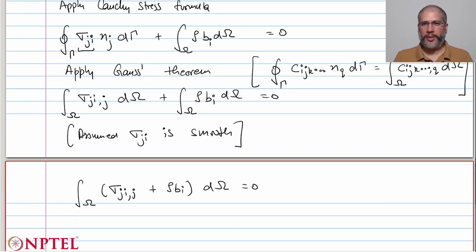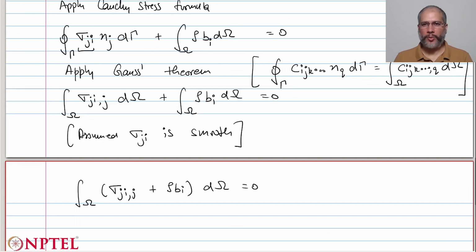So this is basically a sum of this quantity multiplied by d omega, and it is summed over all the infinitesimal volumes. So you basically move the infinitesimal volume, calculate this quantity at the center of the infinitesimal volume, and multiply by d omega and add them all together, so that you are able to find this quantity over the complete omega. But the choice of omega in this case is arbitrary.